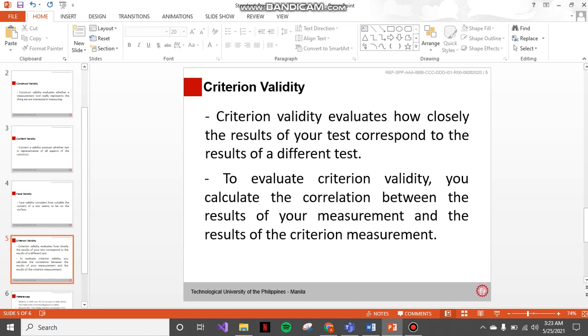Criterion validity evaluates how closely the results of your test correspond to the results of a different test. To evaluate criterion validity, you have to calculate the correlation between the results of your measurement and the results of the criterion measurement. I will explain it further. For example, a university professor creates a new test to measure applicants' English writing ability.